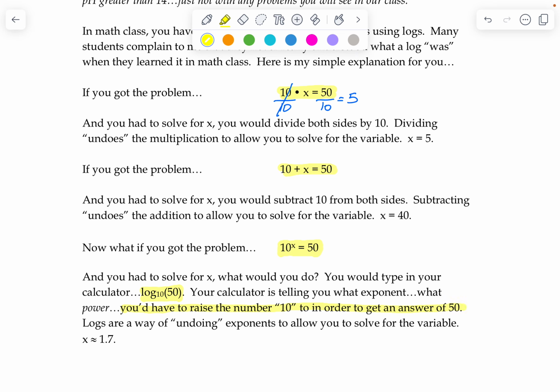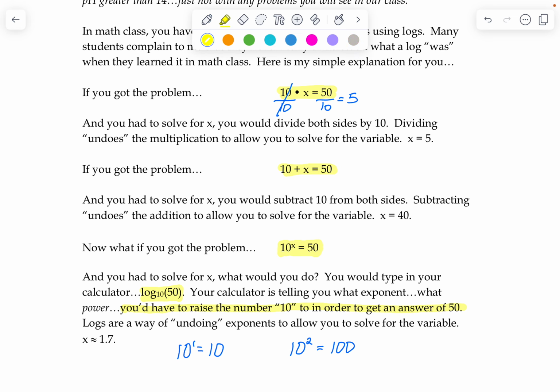Logs are just a way of undoing solving for exponents, the way that subtraction is a way of undoing addition, or that division is a way of undoing multiplication. So if you did 10 to the first power, that would just be 10, right? 10 to the second power means 10 times 10, so that's 100.